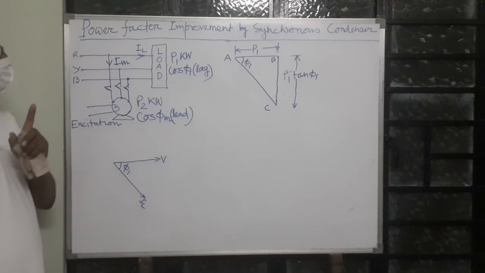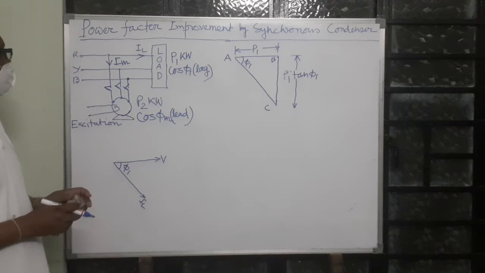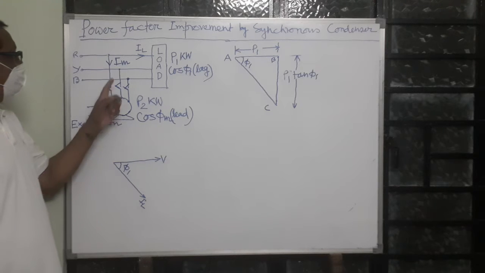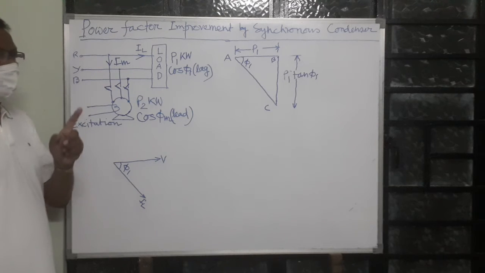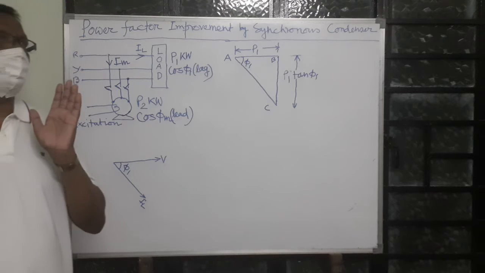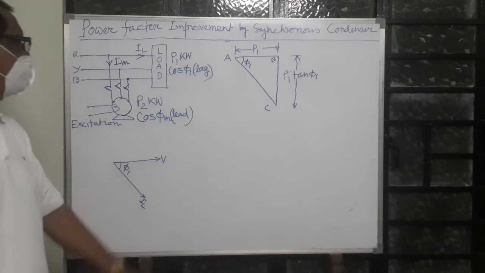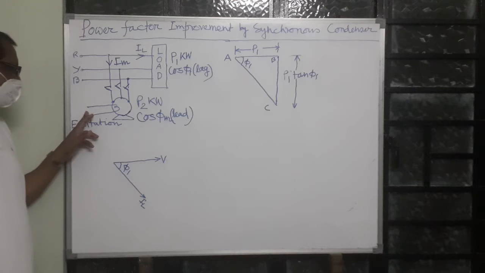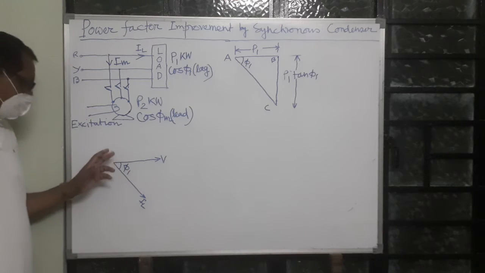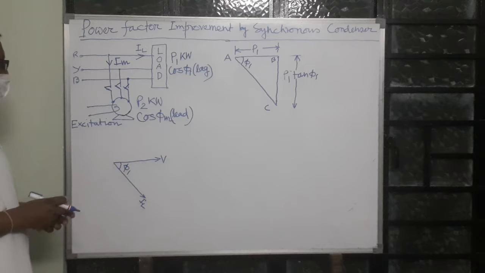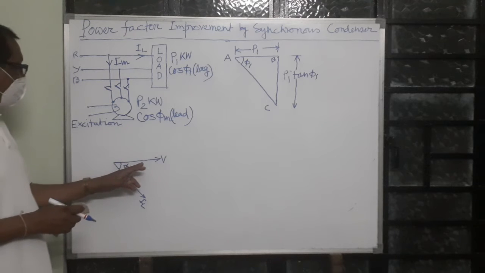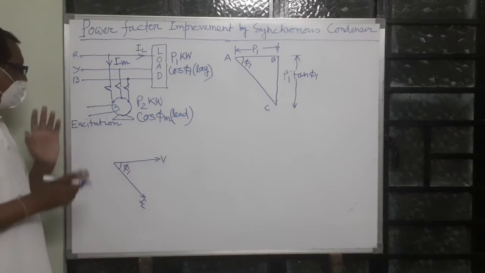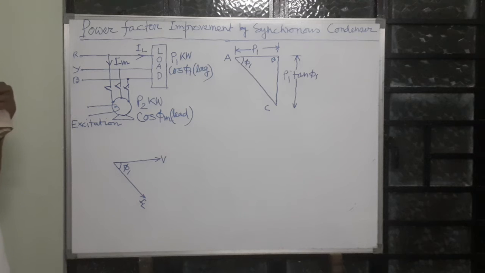In case of a static condenser, the capacitor current is always purely 90 degrees, but in a synchronous condenser, by changing the excitation, we can vary it from 0 to 90 degrees.